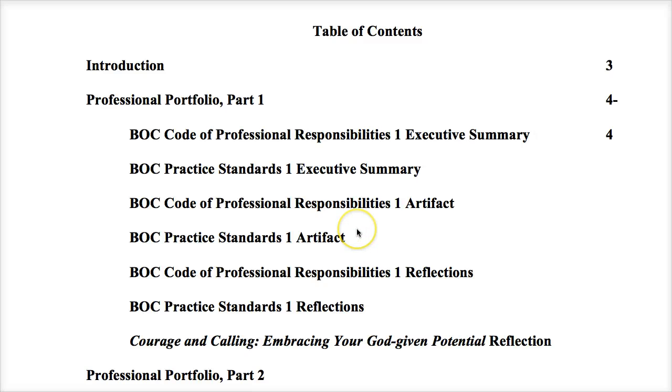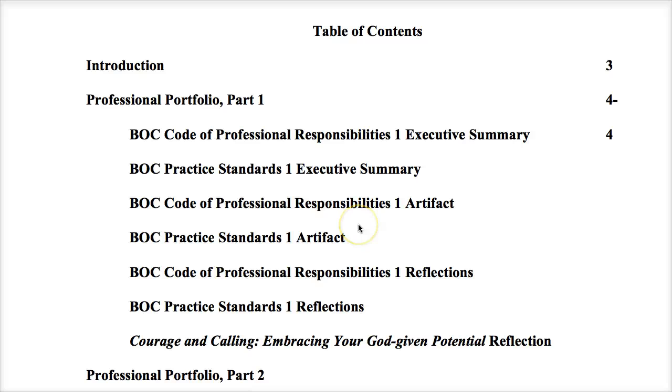What I recommend is that you save this document as two different documents. One document is just the template, as is, so you always have the template. The second file is your running document of what you're doing for the class.